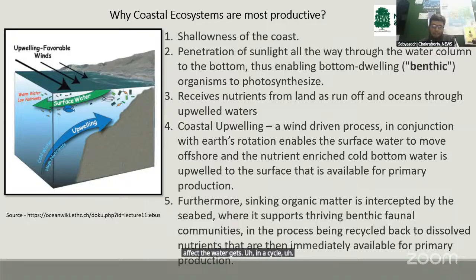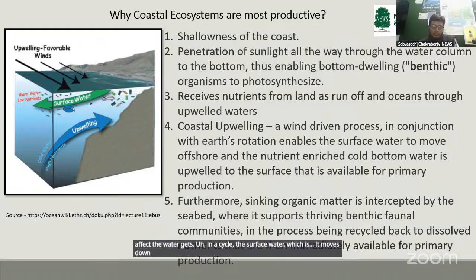The surface water moves down, and the cold water from the deeper sources comes up.